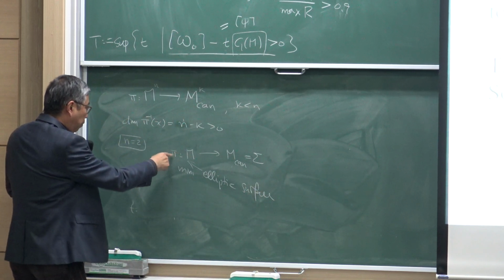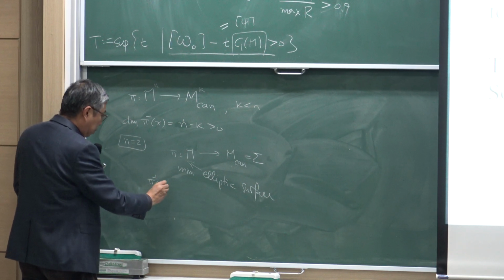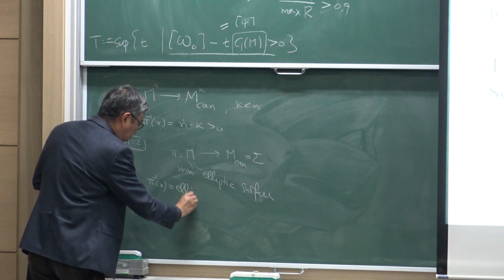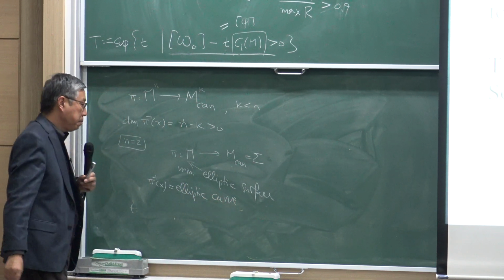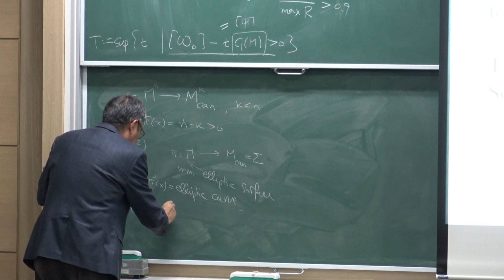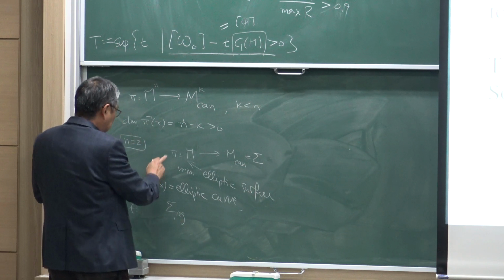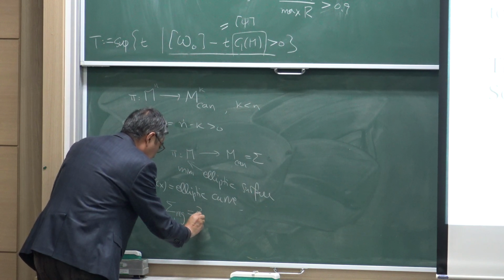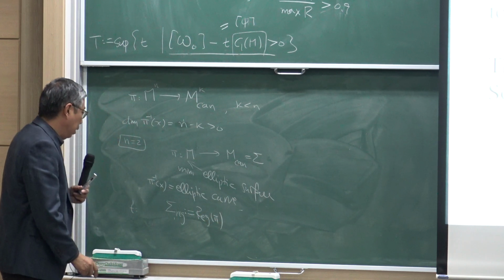Okay, so what are the fibers? The generic fiber is just an elliptic curve. So what I said here is, look at sigma regular, that means the regular values of this map.